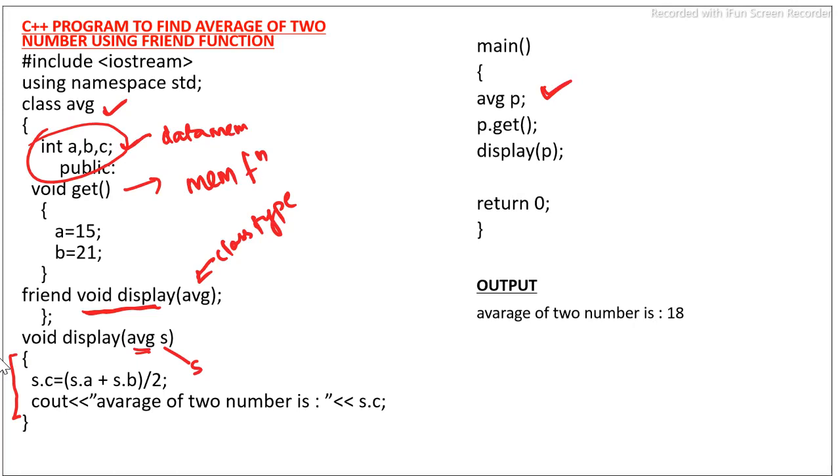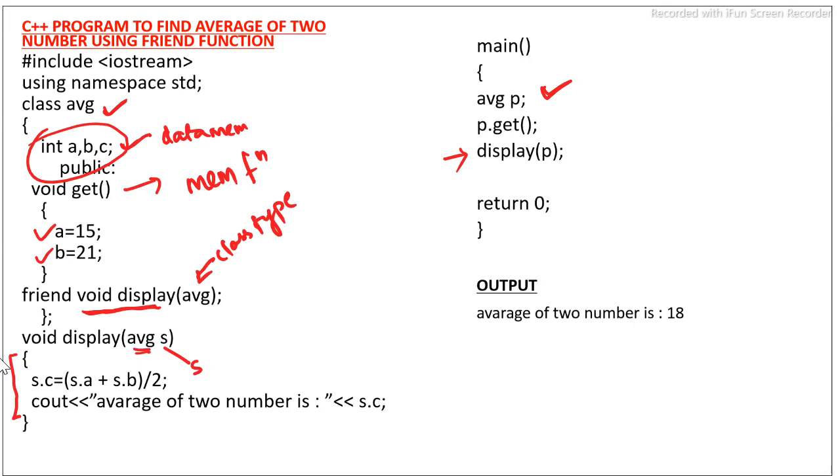P dot get, so the get function is called. As soon as the get function is called, values for A and B are initialized: A equal to 15 and B equal to 21. Basically the get function is used for initialization of the two private data members A and B. After executing get, display will be called.